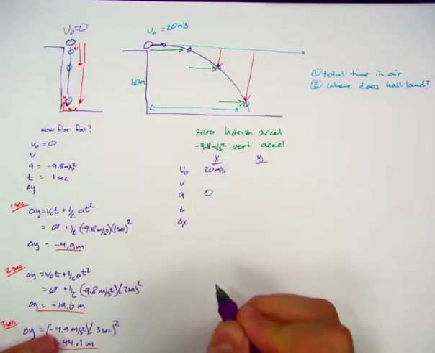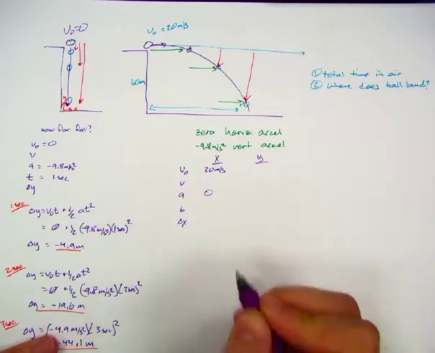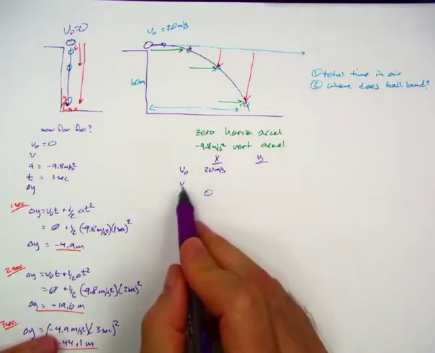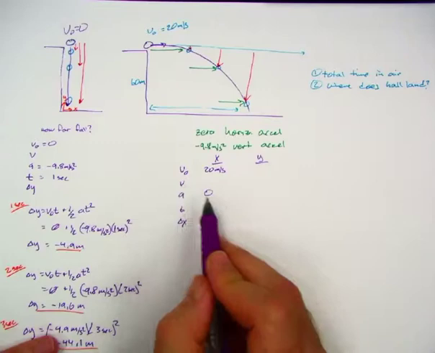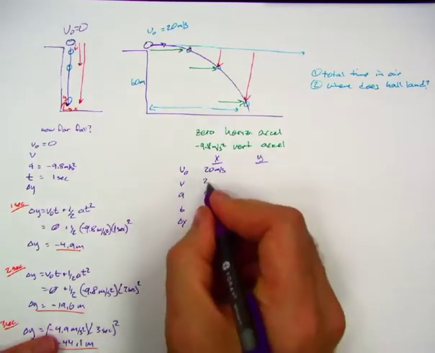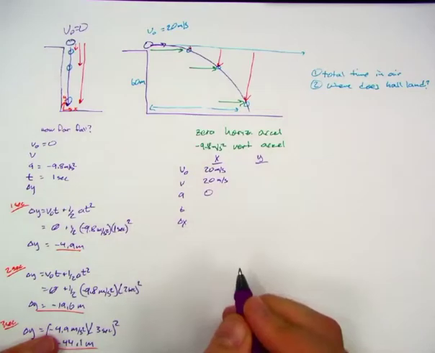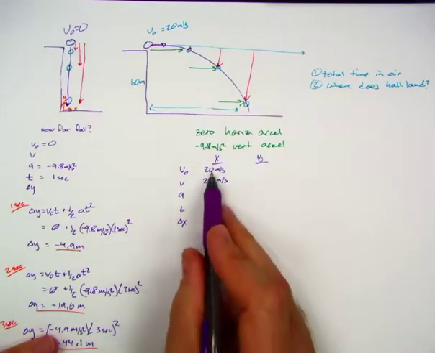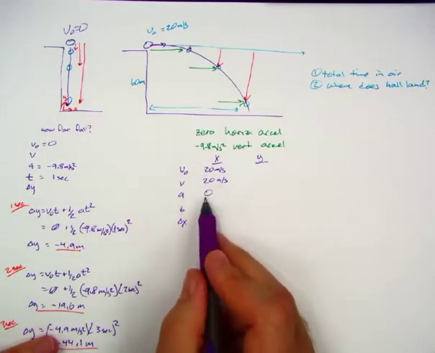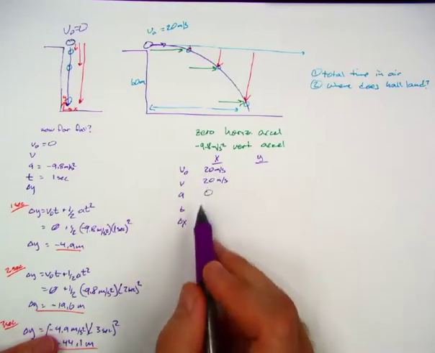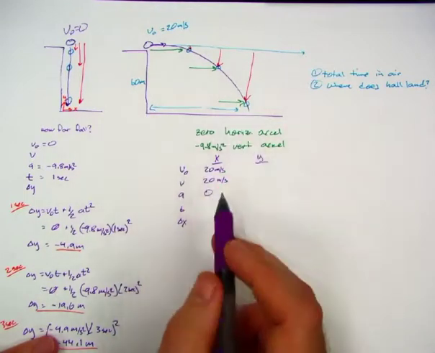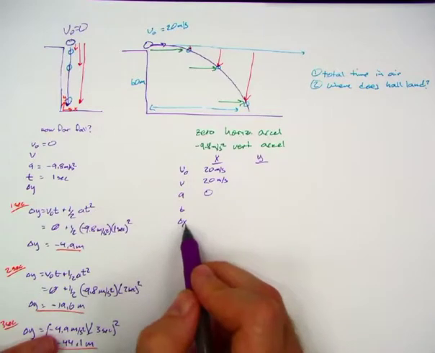What else do I know horizontally? Do I know my horizontal final velocity? I do, because if it's 0 acceleration, the velocity works horizontally, or final and initial doesn't change, right? 0 acceleration means 0 change in velocity. I don't know how much time it takes to get to the bottom, and I don't know how far it's gone. That's actually what I'm looking for.